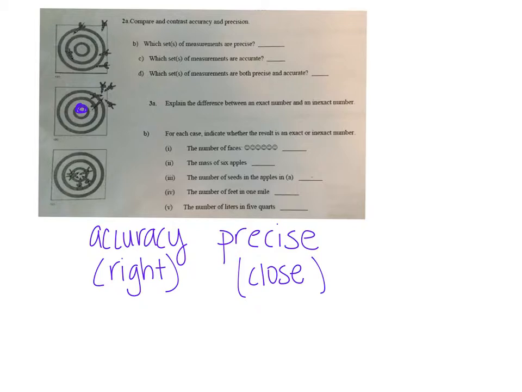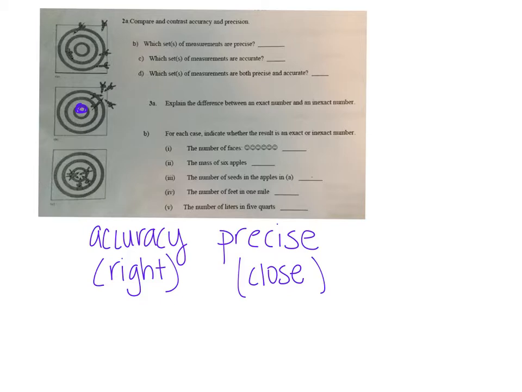And so that's usually a big indicator that you should probably get a new balance. But anyway, when you guys do your labs this year, a big thing to look for is that you're not always going to get exactly what was expected. High school labs, we've got a lot of room for error. But what I do want you to always be looking for is whether your measurements are precise.